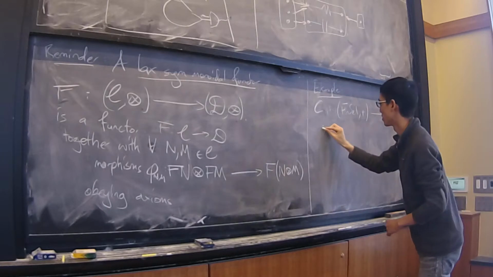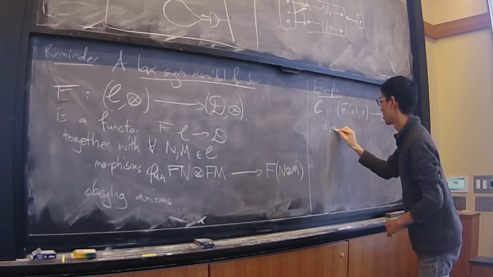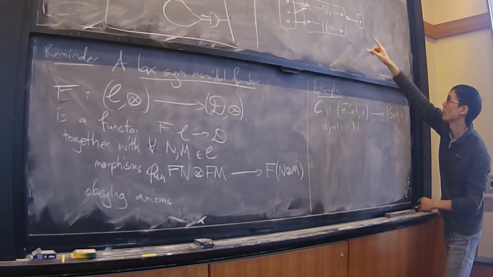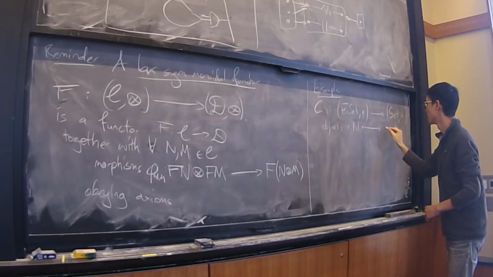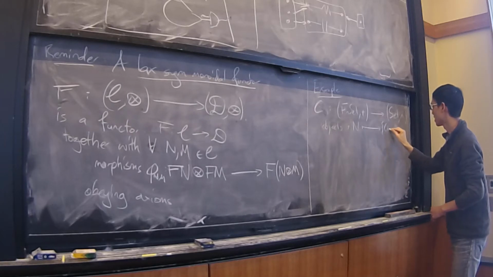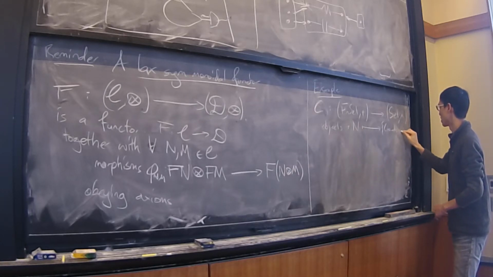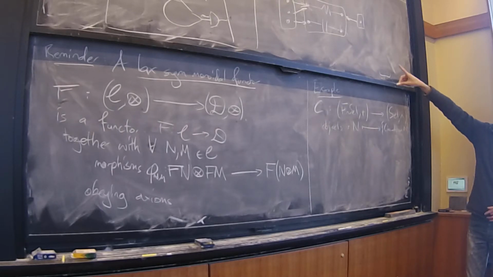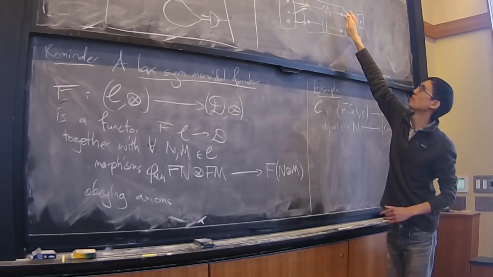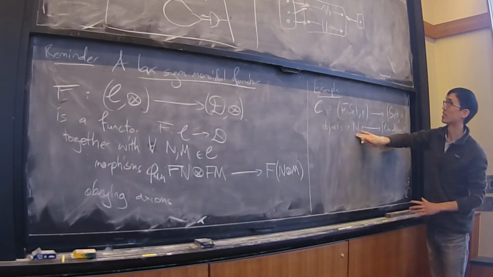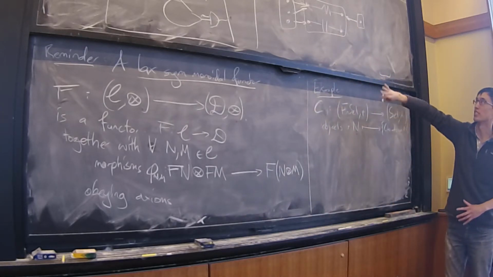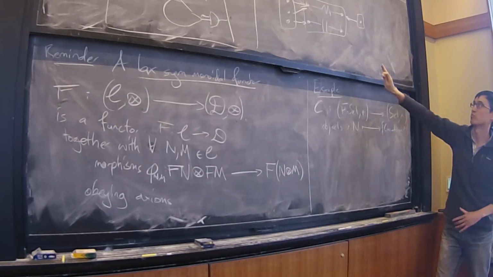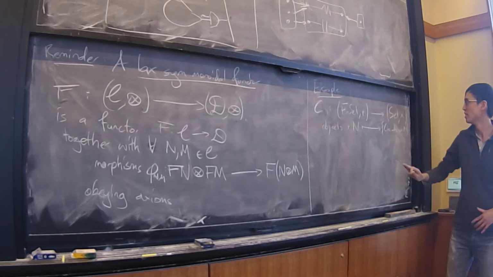On objects, it's going to take a finite set n, say this 4-element set here, to the set of circuit diagrams that exist on n. I won't define that so formally, but the idea is you have a set of nodes, and then you can consider labeled finite graph structures, labeled by the type of component.